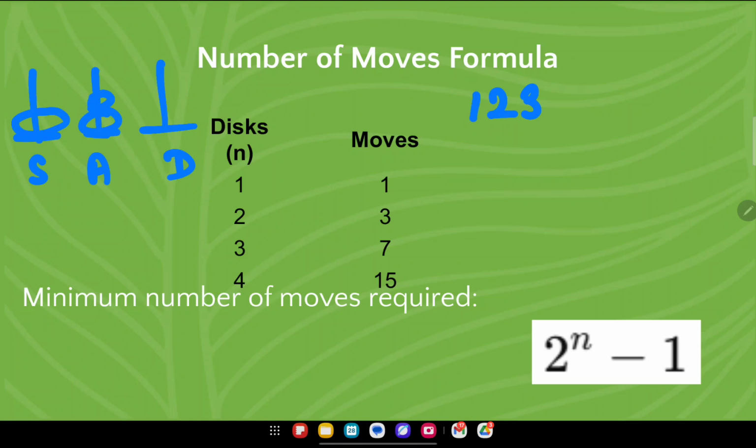Okay, now we have to move the third disk from source to destination. Now this is the fourth move. Then we have to move disk 1 from auxiliary to source. Now the source rod is empty. Now the movement number is 5.